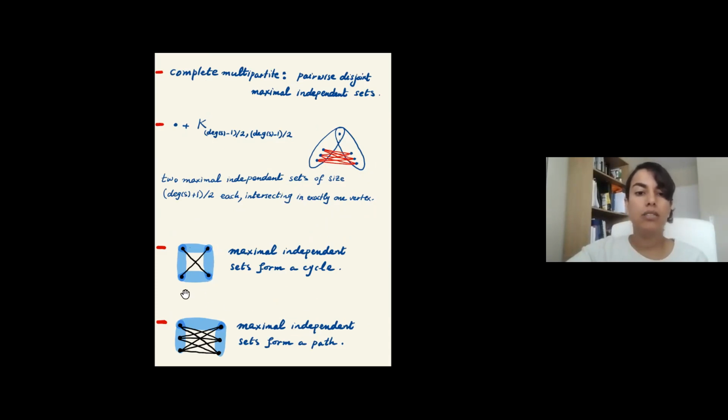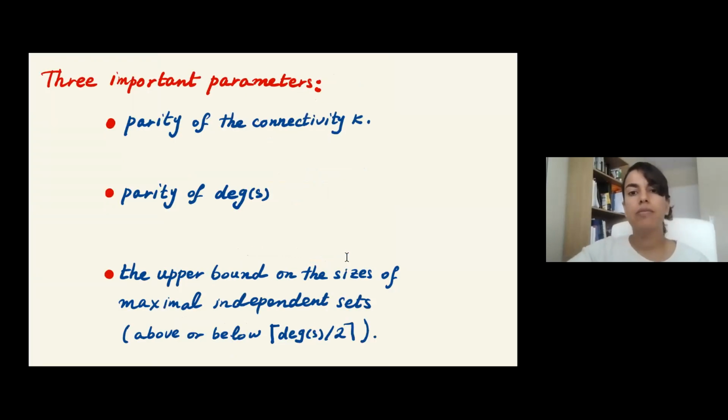This, I told you, is not the right way to read it. It's not that it's a matching, it's that the maximal independent sets make a cycle. And here the maximal independent sets make a path. So all this will be generalized or proved in general for big numbers, not just 3 or 4, or 4 or 5.